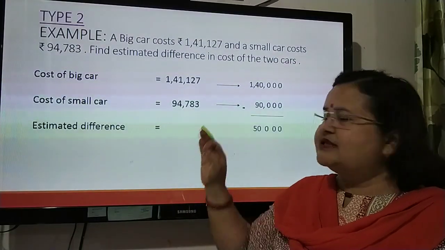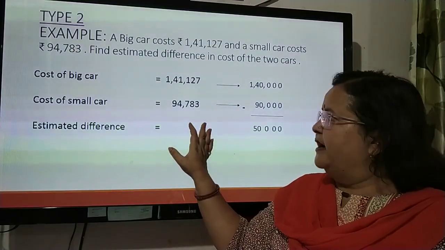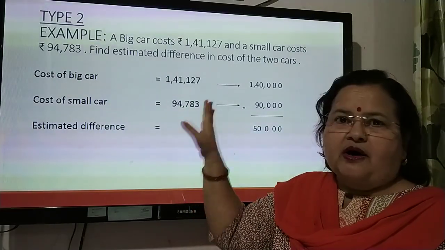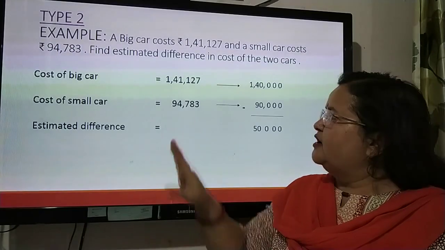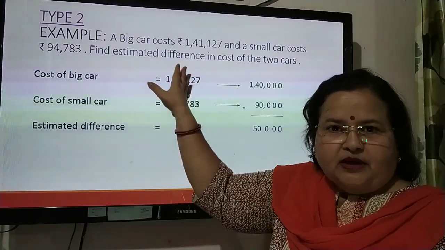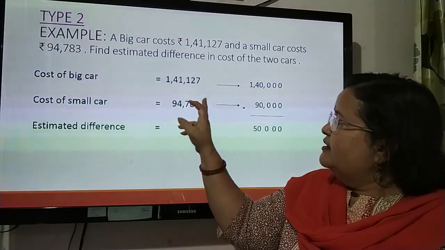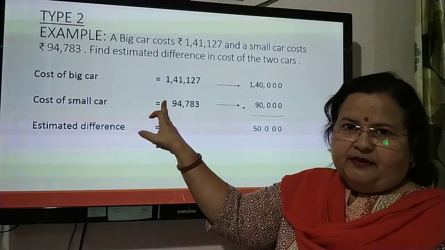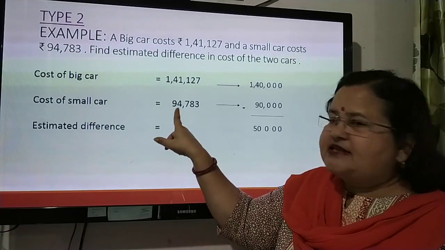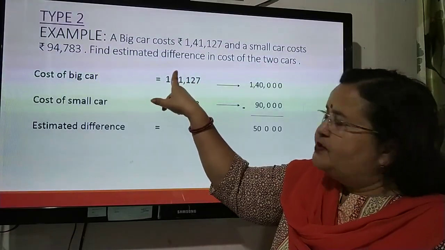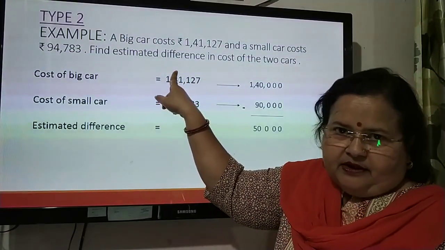I hope this makes it clear in your mind how we choose the place at which we have to round off. We choose the smaller of the two numbers. Then in that smaller number, we take the highest place. Whatever place this is, the same place will be chosen for the other number also.